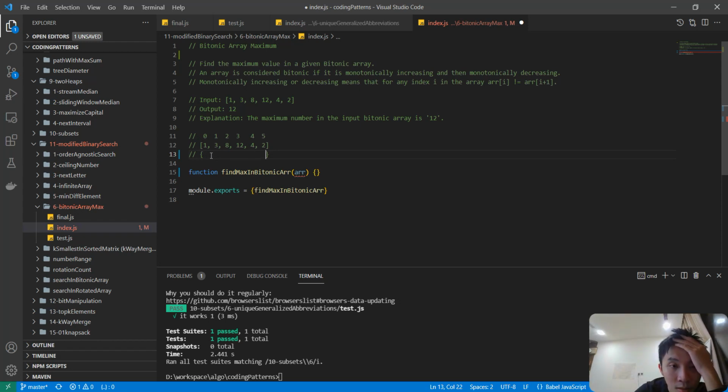The left pointer points to the first number, and the right pointer points to the last number. They are represented by these curly braces, right? Okay, we start from here, assuming that we don't know where the crossing point is yet.